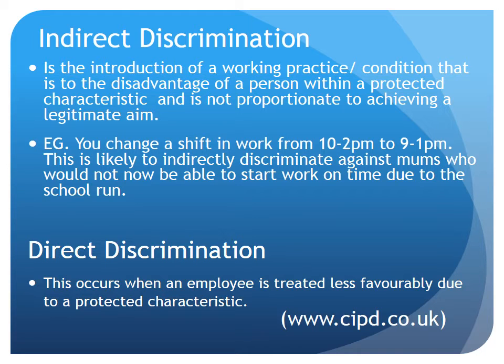Another example of this would be a job specification that determines a minimum height, and this could be indirectly discriminatory because men tend to be taller than women, and also some races tend to be taller than others.